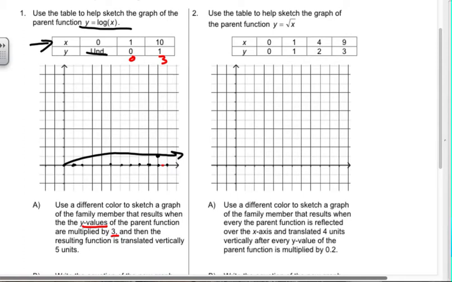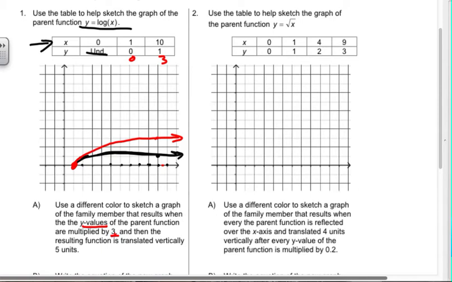So I'm going to plot, and it's undefined, so it comes down to here. I'm going to have this point here, and I'm going to go to 10, 3, and my new function now is going to look like this. Okay, so we've done this part. I multiplied it by 3.